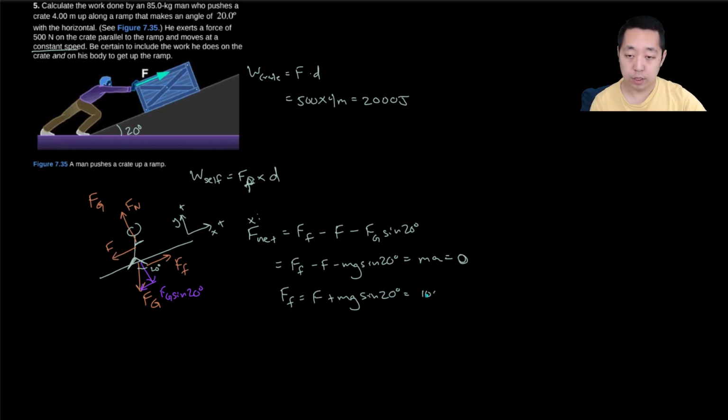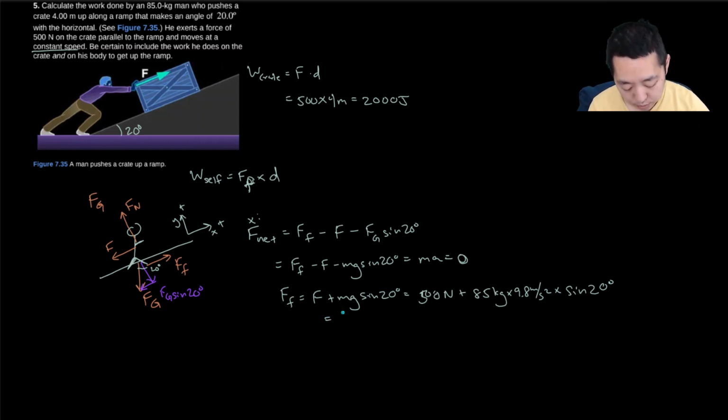F is 500 newtons, right? So 500 plus his mass, 85 kilograms, times 9.8 meters per second squared times sine of 20 degrees. So this force is 500 plus 85 times 9.8 times sine of 20, and I get the force of friction is 785 newtons.